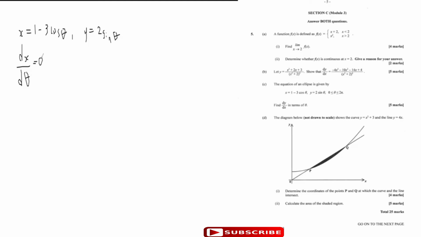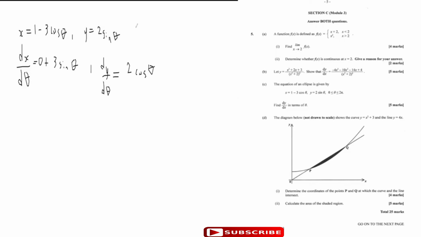When you differentiate cos you get minus sine, so it becomes 0 plus 3 sine theta. And then when you differentiate y, dy/d theta, when you differentiate sine, you get cos. So you get 2 cos theta. All right, nice and easy.